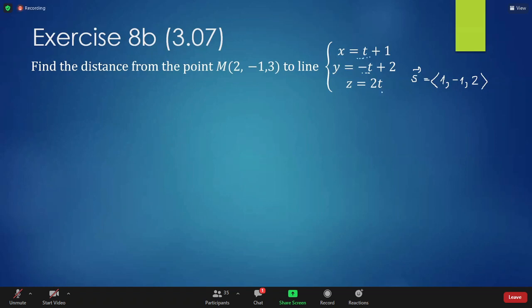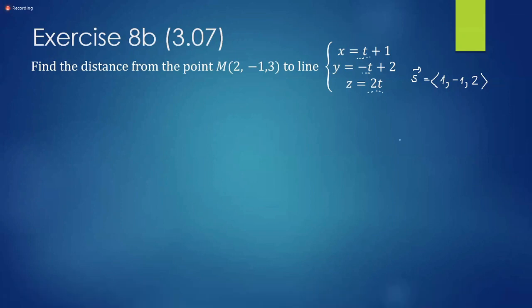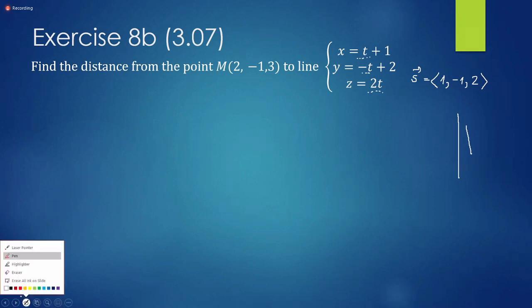The point for this line would be 1, 2, 0, the point through which this line passes. At the moment, we don't even need this other point. So what we have is a line with this direction vector S. Again, I would say it's always useful to make a sketch.